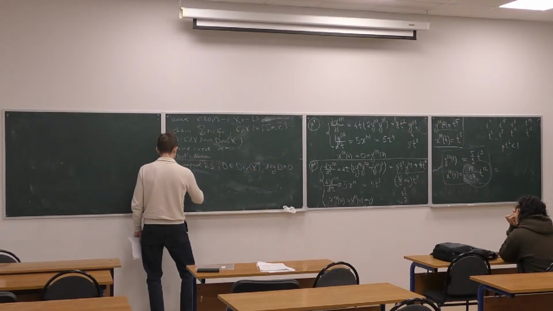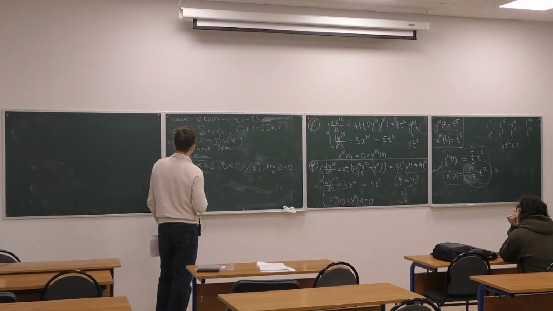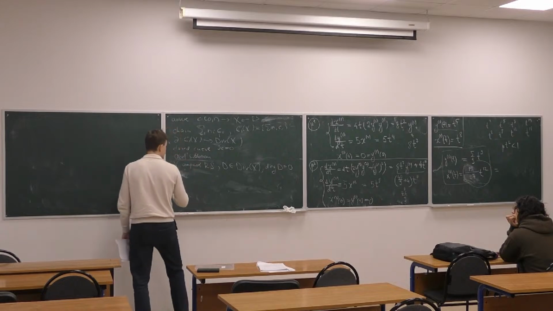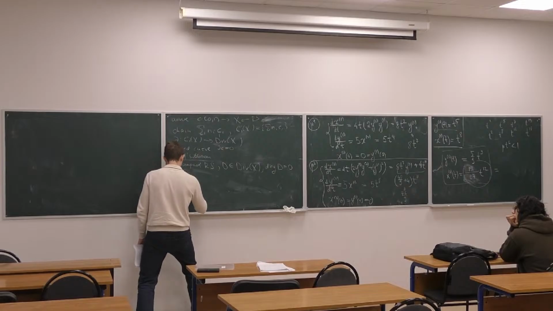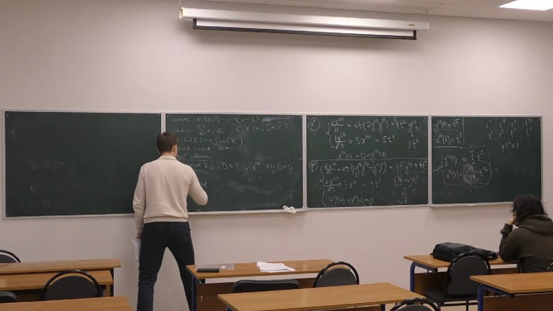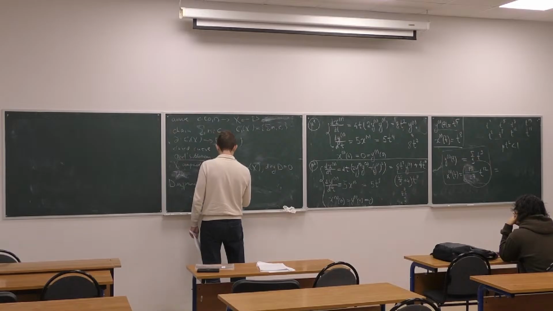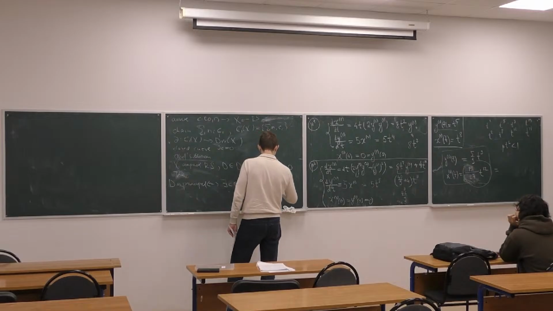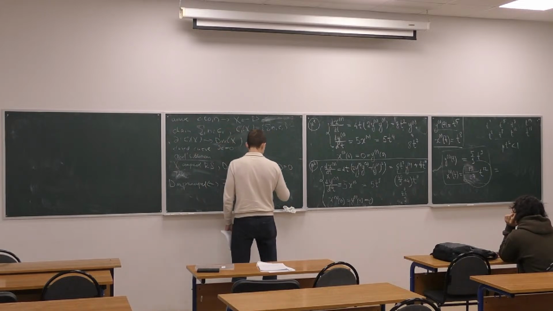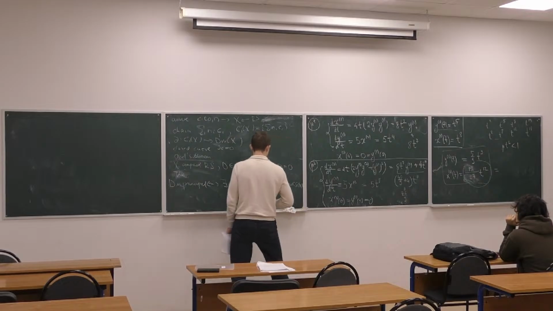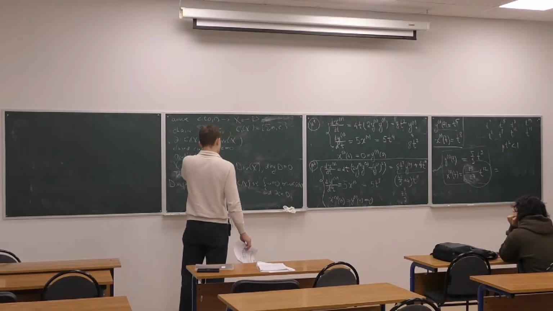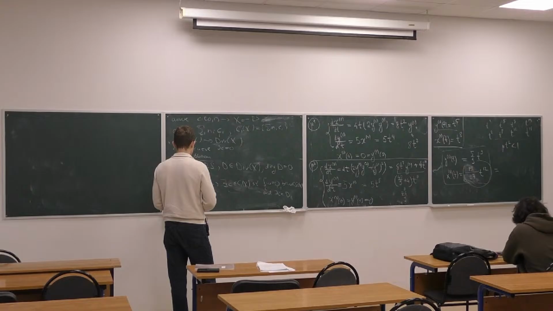Then D is principal if and only if there exists a chain C such that the integral over C of omega is equal to 0 for any holomorphic one form omega, and the boundary of C is equal to D. So this is the statement.